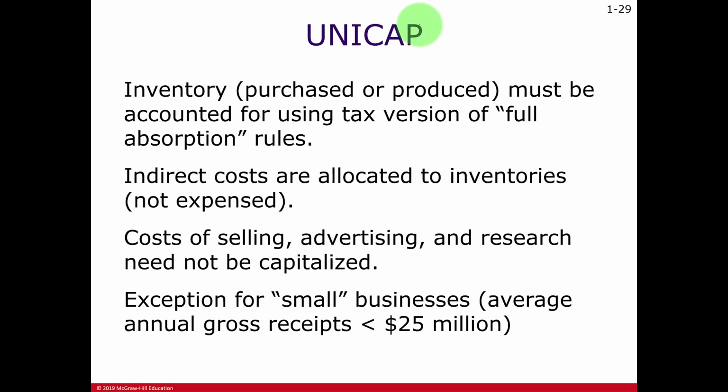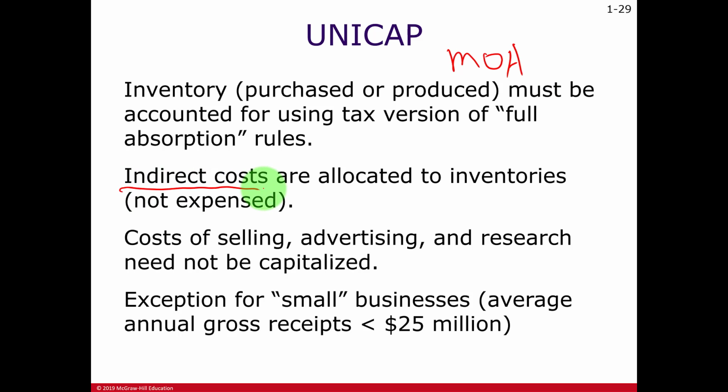Uniform capitalization rules. If you remember your accounting 202 class or the intermediate accounting cost accounting class, you did the accounting for a factory, and the hard part was dealing with manufacturing overhead to apply it to your inventory, the so-called indirect costs.